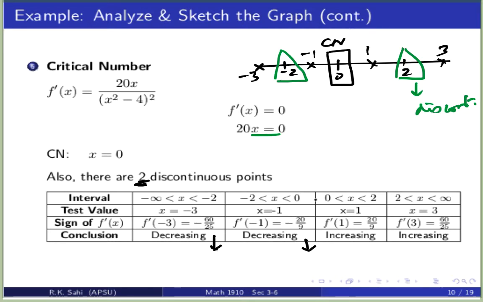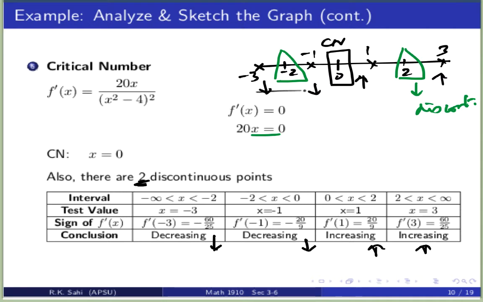And when you're looking from 0 to 2, it's increasing. After the discontinuous point, again it is increasing. So what does that tell us? Remember, these discontinuous points are basically vertical asymptotes for us.